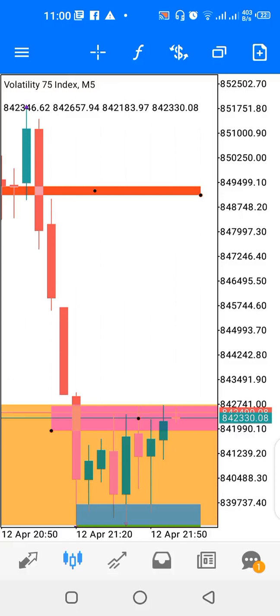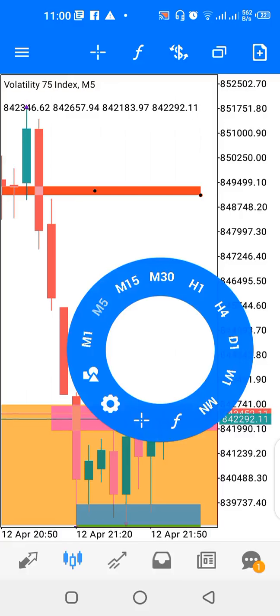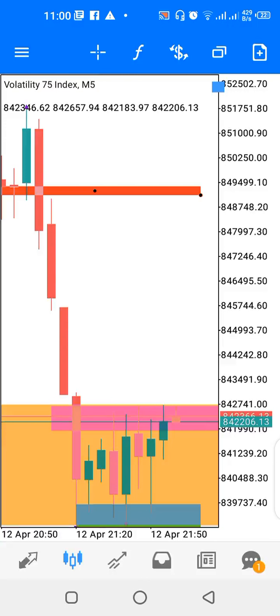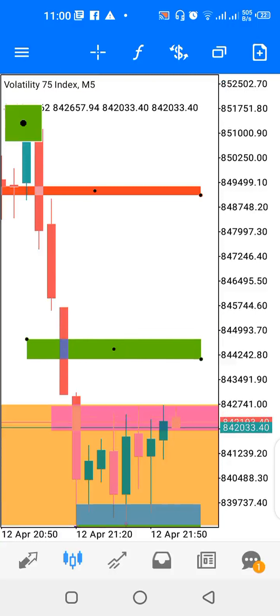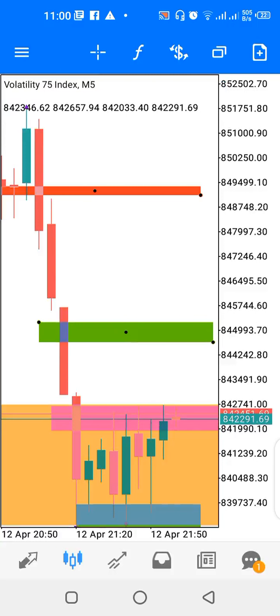By the time you place your sell order of 0.001, somewhere around here you have your pending orders for buy, which is 0.003, as your hedge trade.